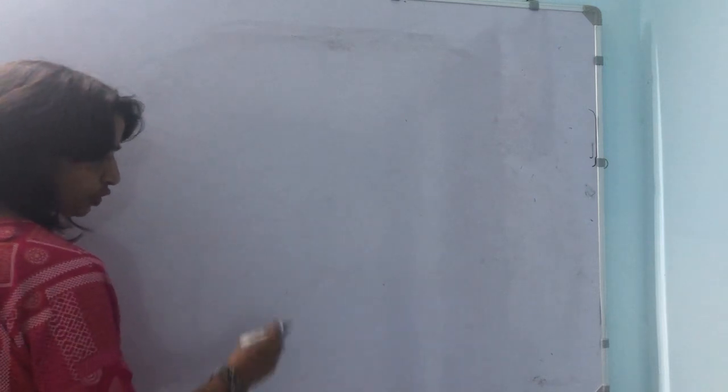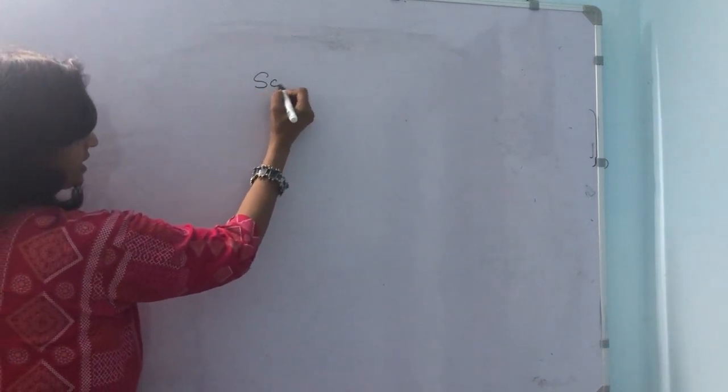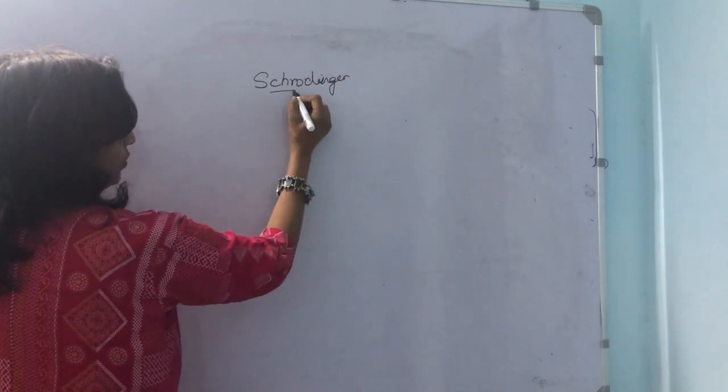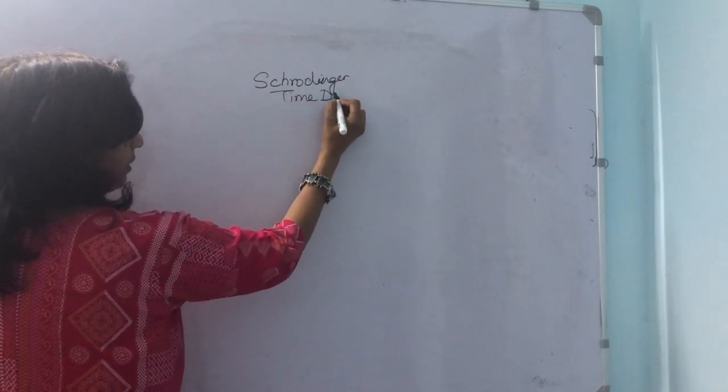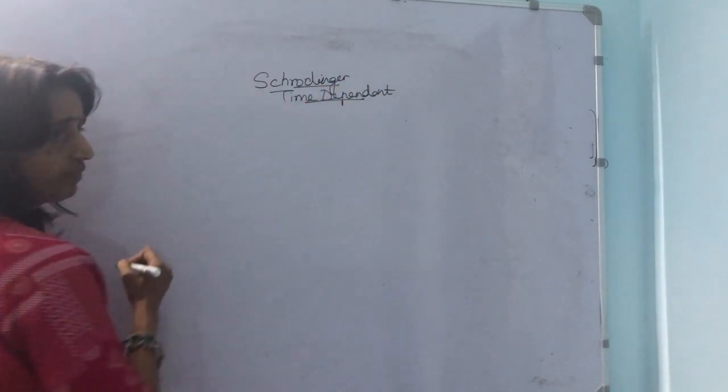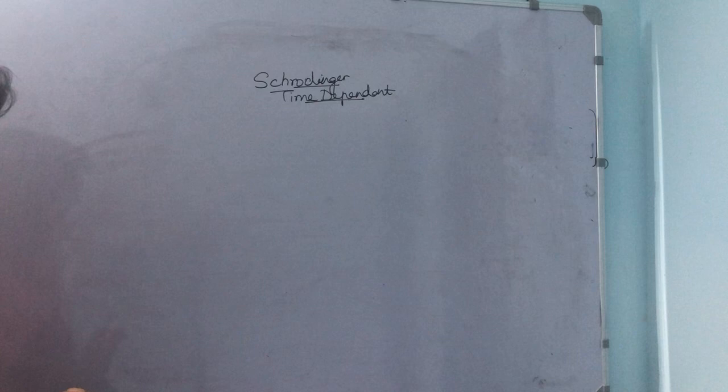Hello students, in today's lecture we will be deriving Schrodinger's time dependent wave equation. That means how the wave equation depends on time.